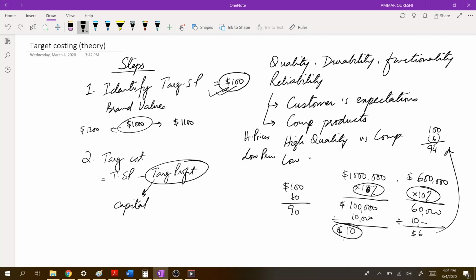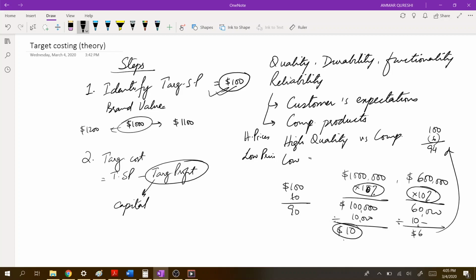Then it's important to understand what the future projects of the company are, because if you want to finance your future projects, which are riskier, and this project is safe, or if you want to finance your future projects from revenue generated from this particular product, then you have to charge high profits. Or if you think there's a good market for this product, you can sell it at a good selling price, then obviously you can charge higher profit.